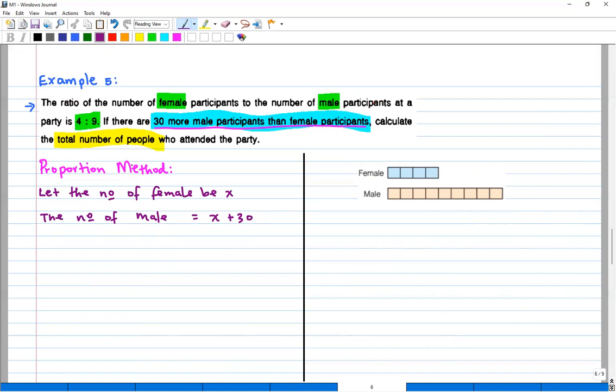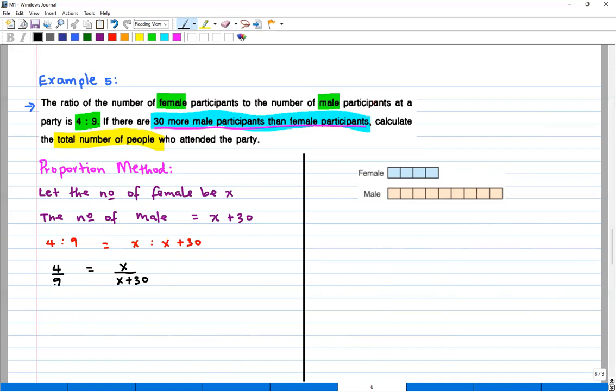Okay. Now we have got female to male as 4 to 9. It is equal to female to male, which is X to X plus 30. So we have got 4 out of 9 is equal to X out of X plus 30.